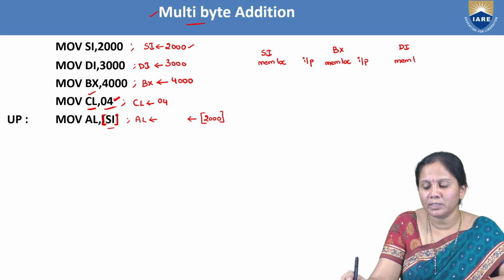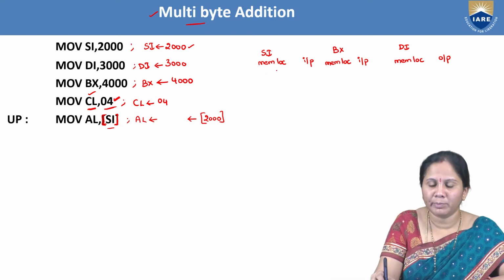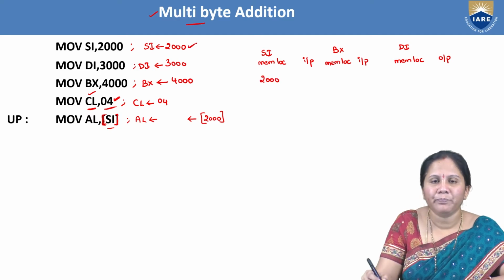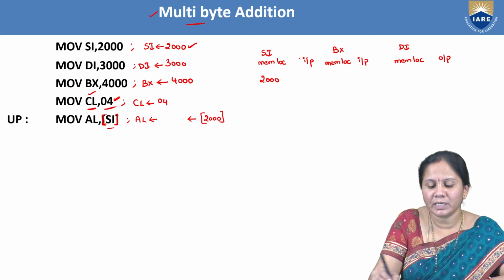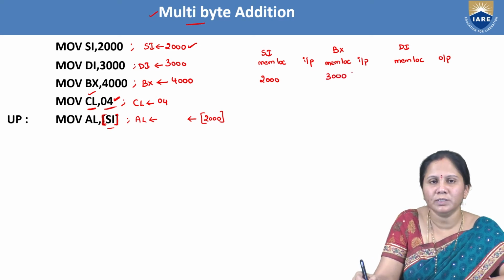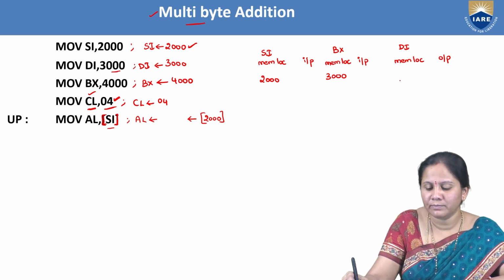It is also initialized to some memory location handling the output value. So if you see here, this is the memory location. Let us assume the SI value is initialized to 2000 here. And next, the BX value here is initialized to 3000. So the memory location is 3000. And DI is 3000 here. Sorry, BX is 4000.